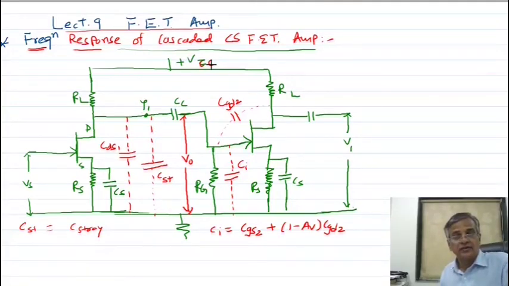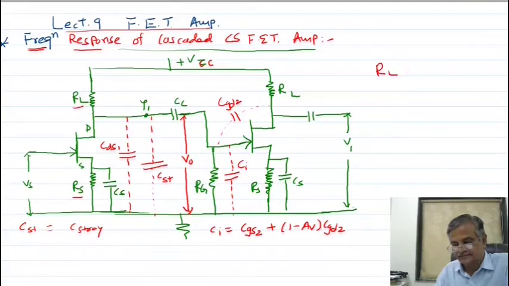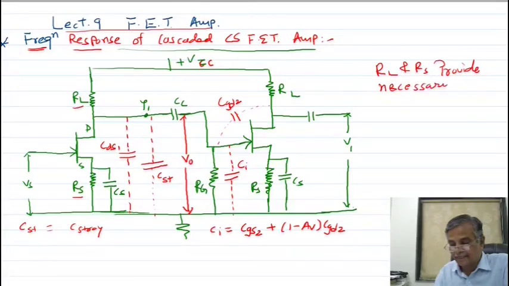Now I have to discuss the function of the components, then I will do the analysis. The values of RL and RS are selected such that they provide the necessary bias.